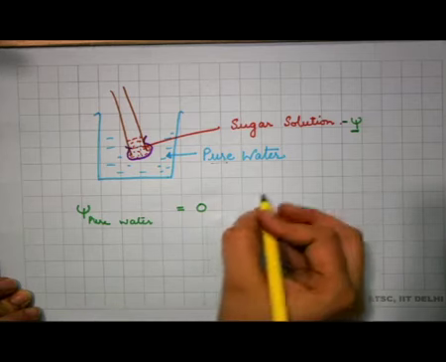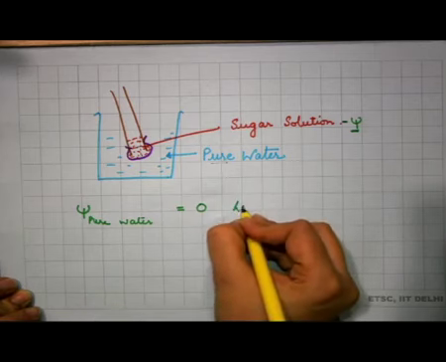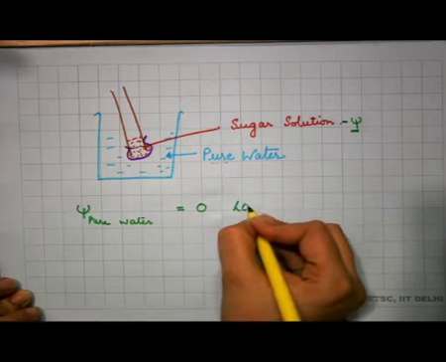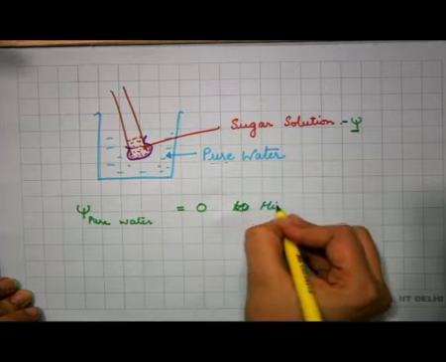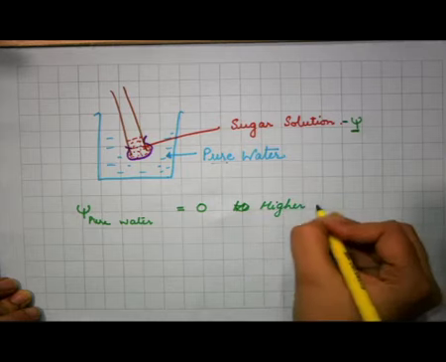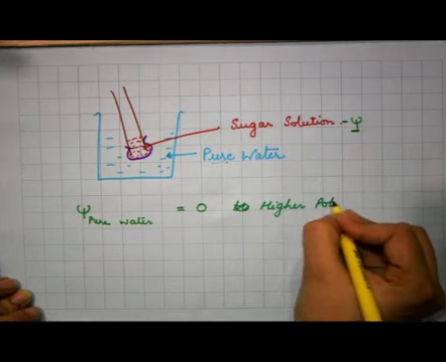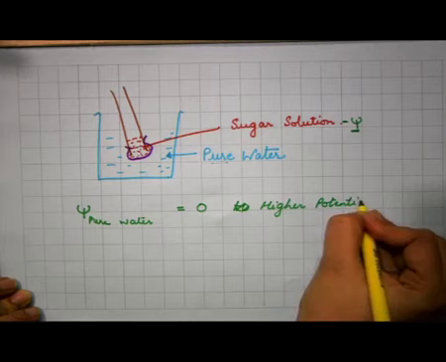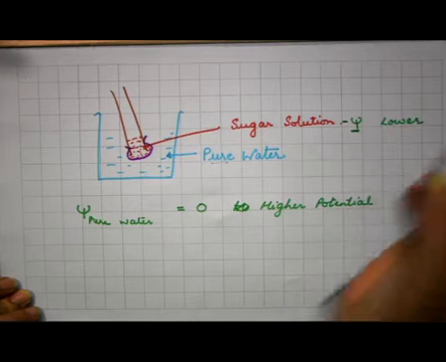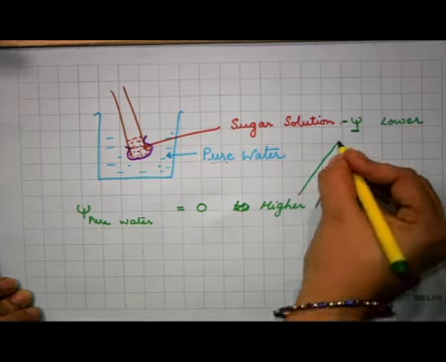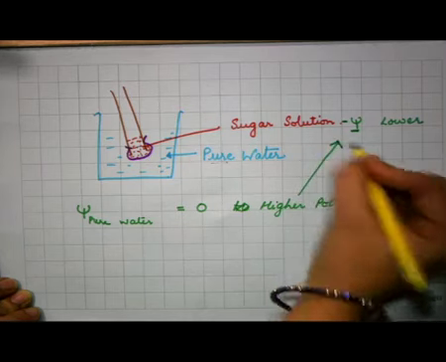As a result, this came to be the lower water potential, this came to be the higher water potential, and this was the lower. We know that water moves from high potential to low potential.